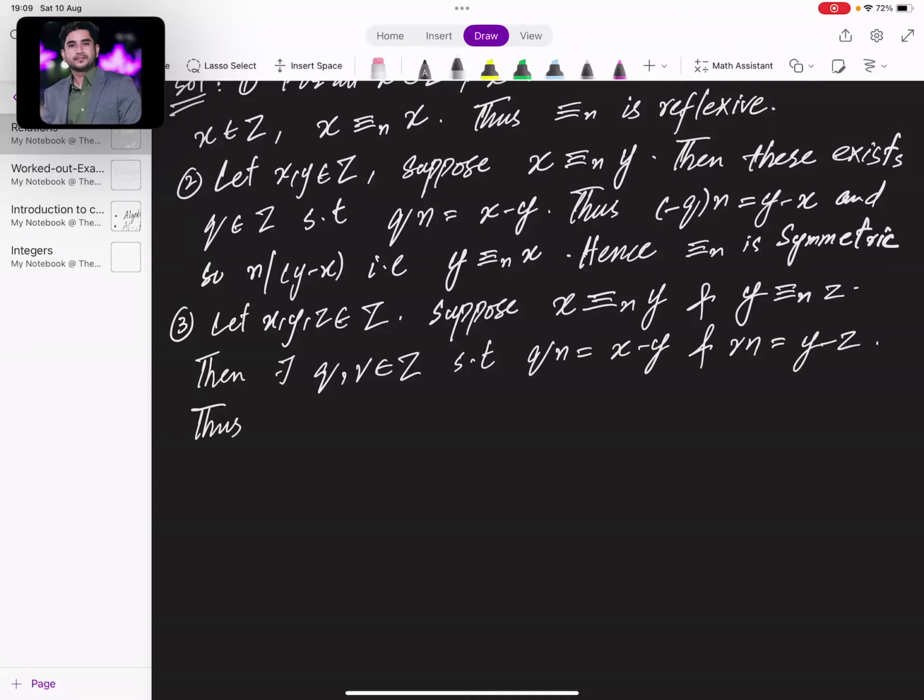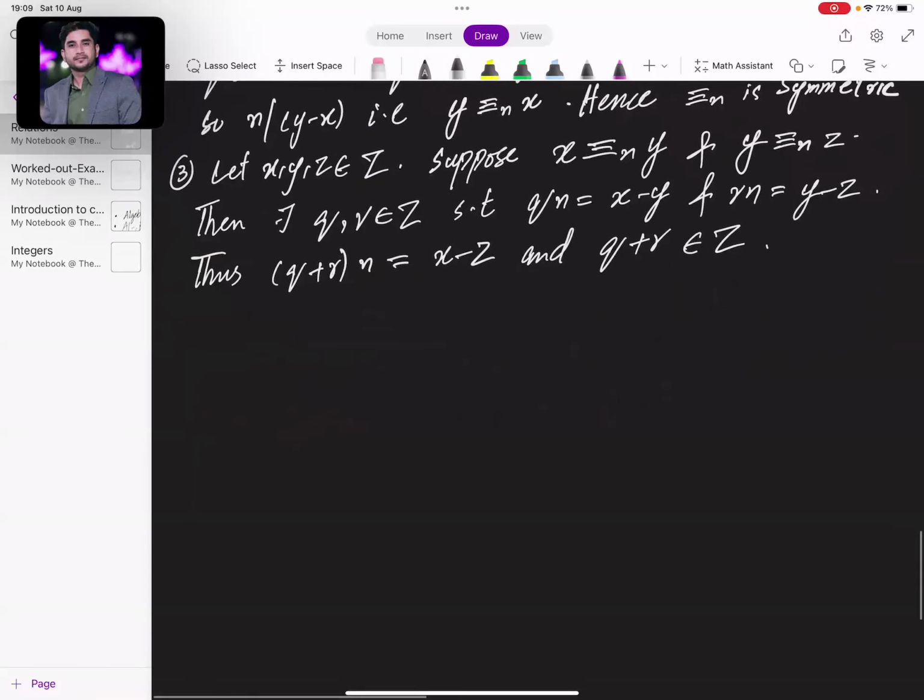So we can write (q plus r) times n is x minus z, and q plus r is also an integer.